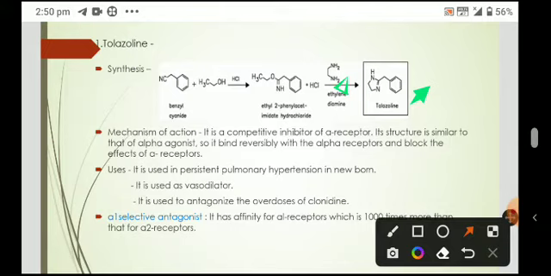Mechanism of action: it is a competitive inhibitor of the alpha receptor and its structure is similar to the alpha agonist. So it binds reversibly with the alpha receptors and blocks their action. Uses: it is used in pulmonary hypertension in the newborn child.